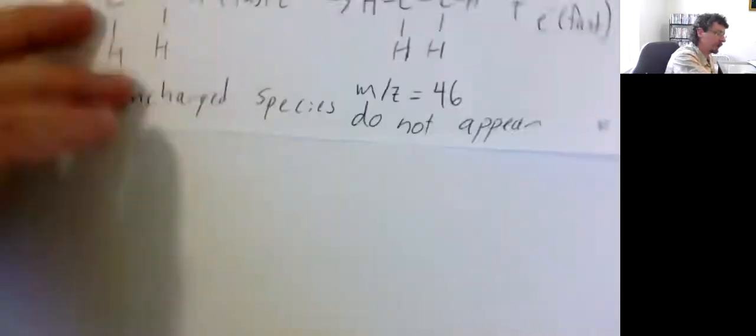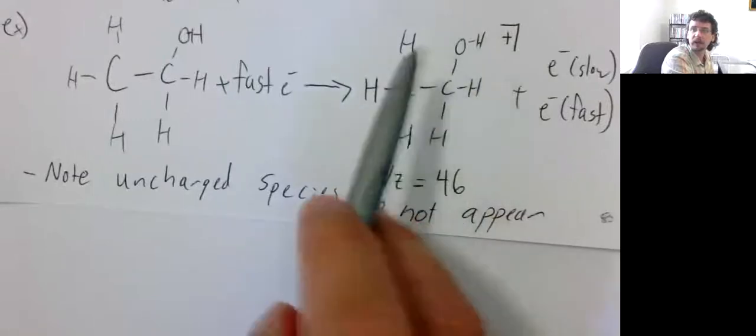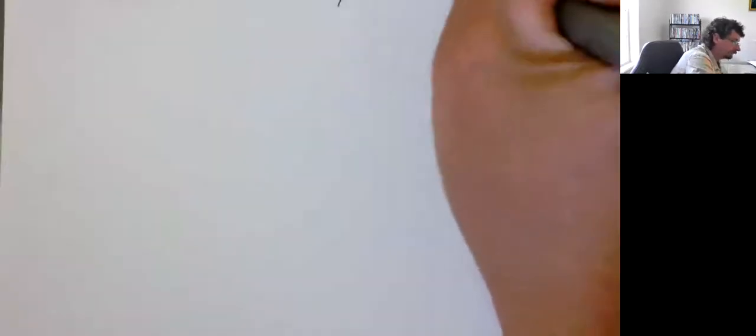Okay, but sometimes a really fast electron will hit a system, and it won't knock off just a single electron, and like in this case, it'll actually break a bond. So let's see an example of that. So sometimes a really fast or an additional electron will fragment the molecule.